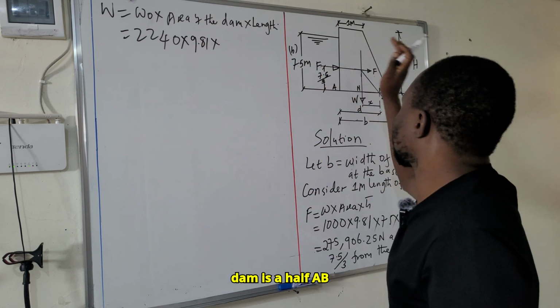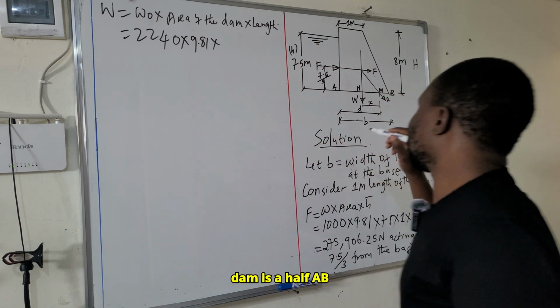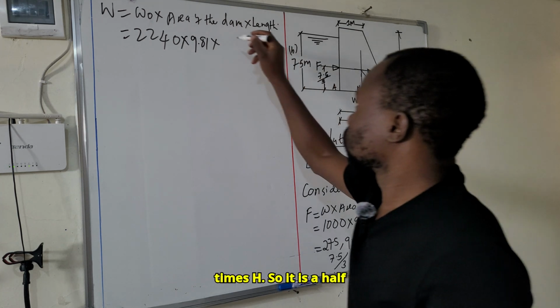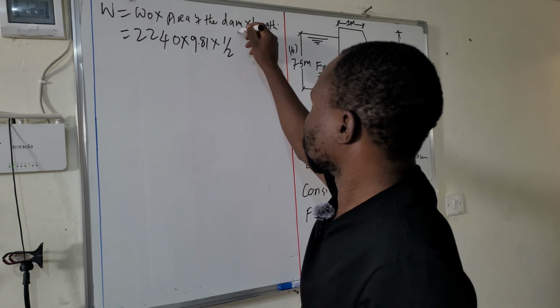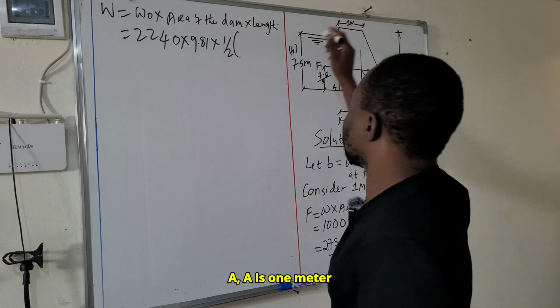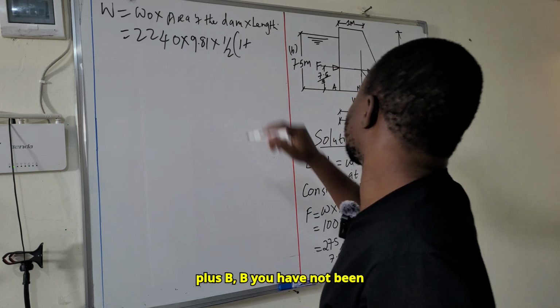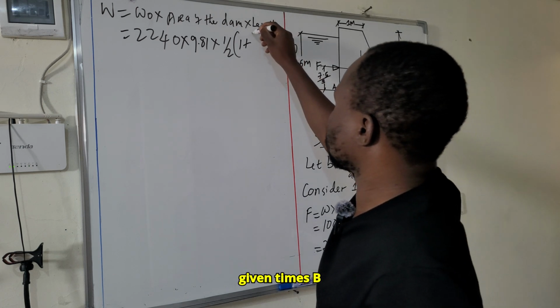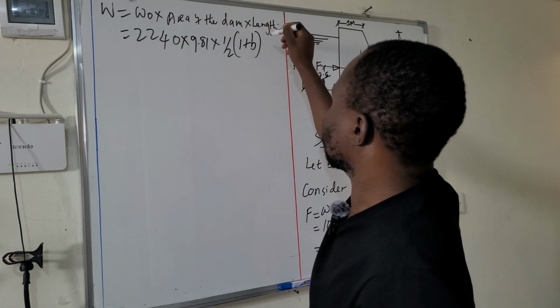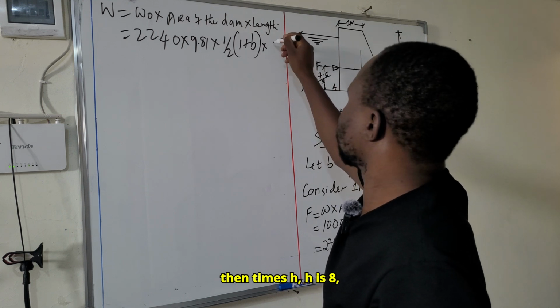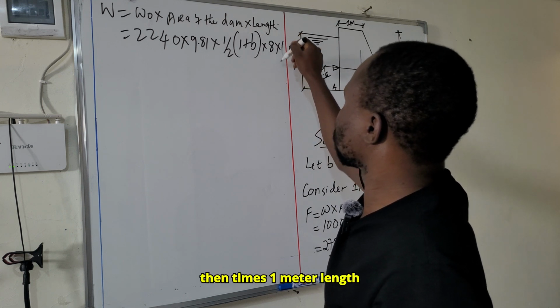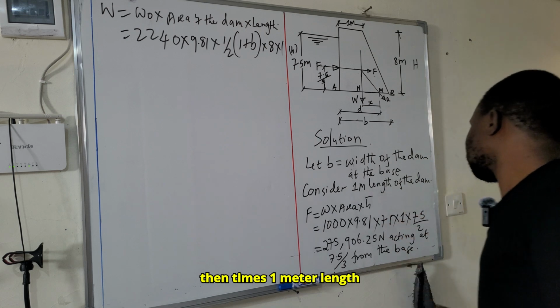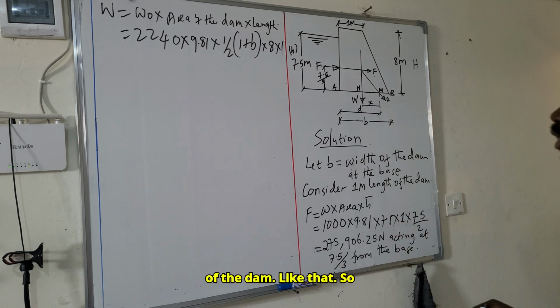Area of this dam is a half (A plus B) times H. So it is a half, A is 1 meter, plus B you have not been given, times B, then times H is 8, then times 1 meter length of the dam, like that.